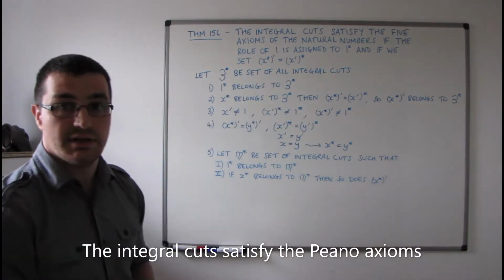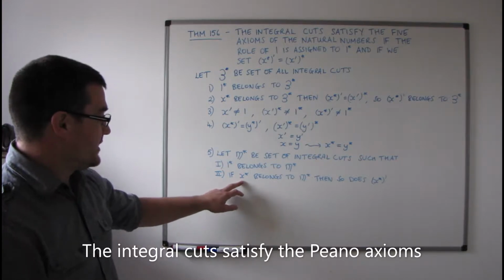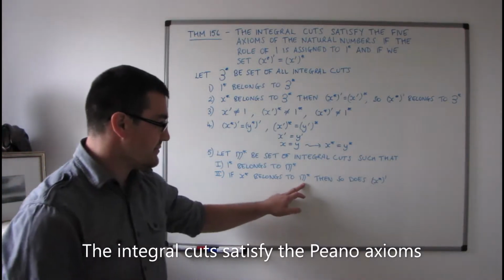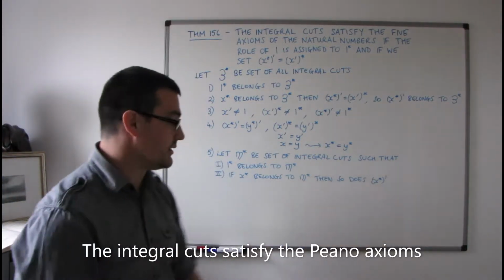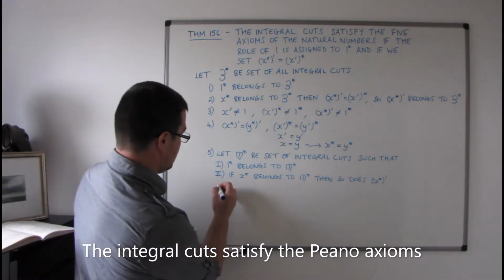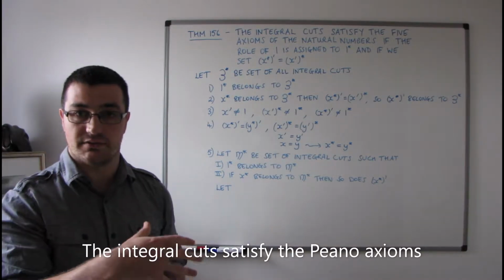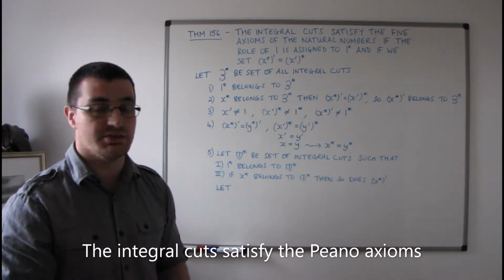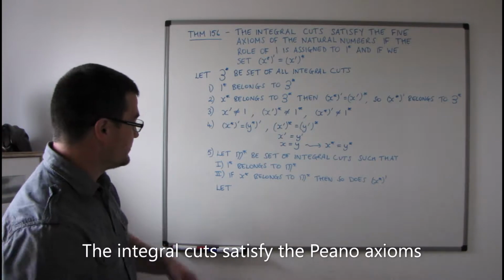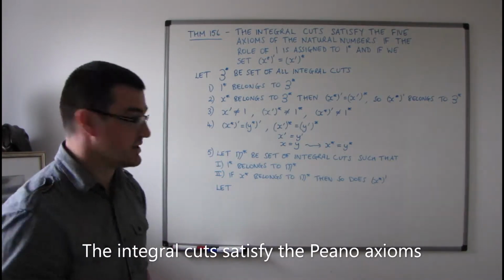So in other words, if for any cut that is in our set m star, then the successor is also. So this is quite similar to what we did for the case for rational numbers, or for integers should I say. It's just the notation slightly different, that's all.